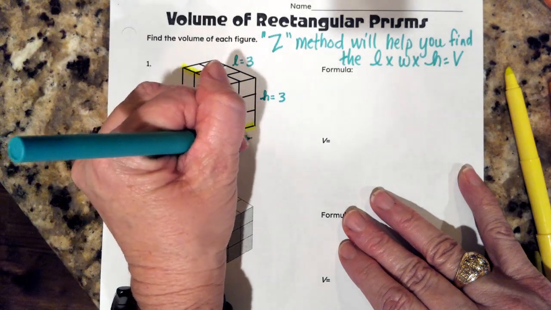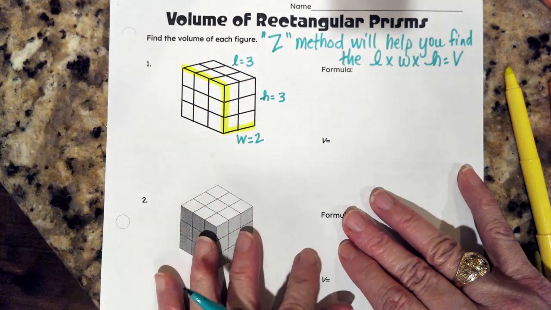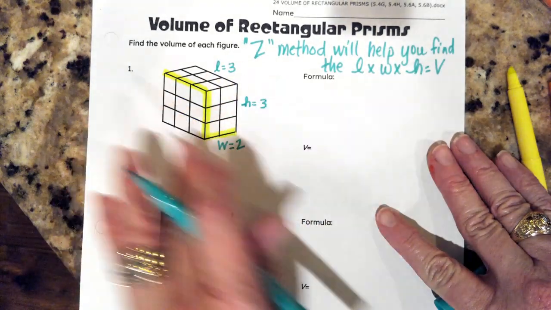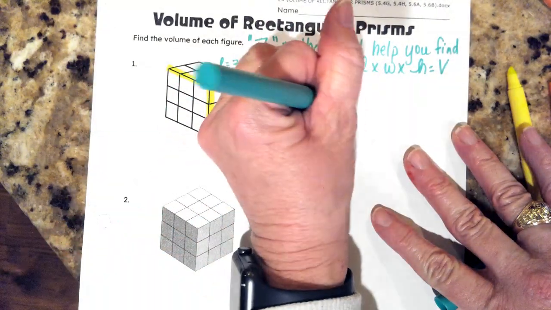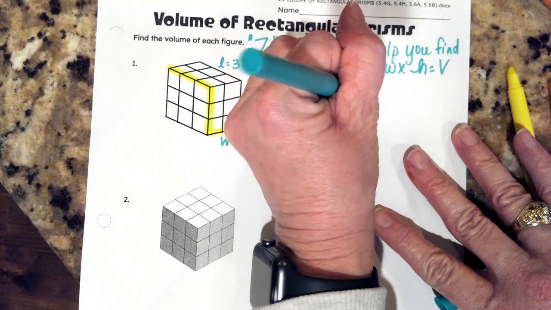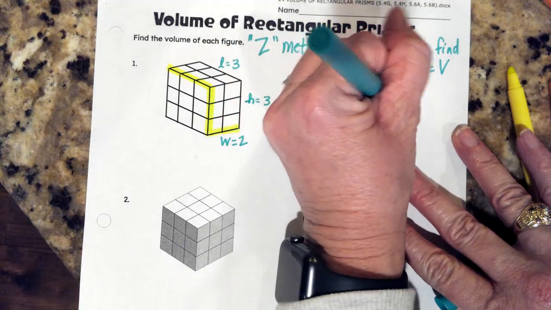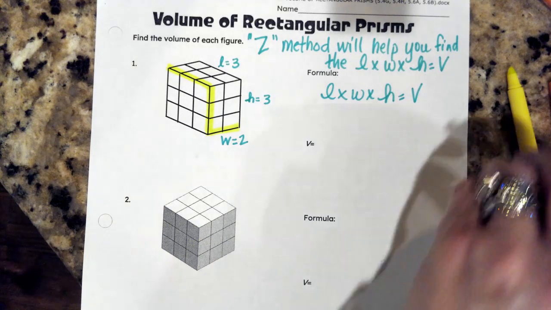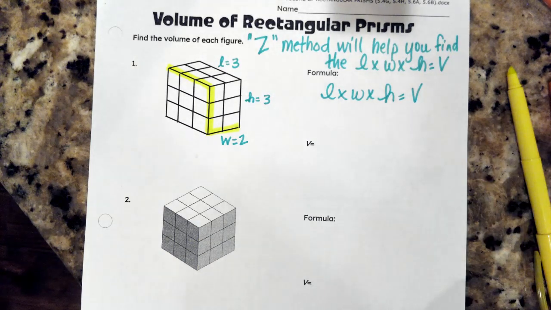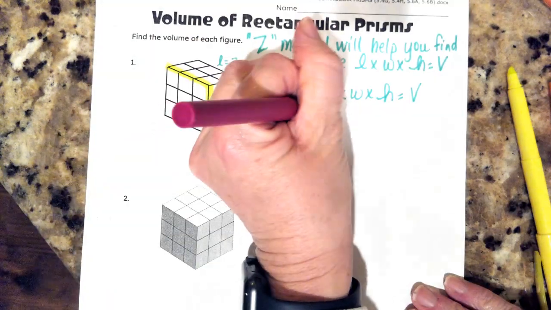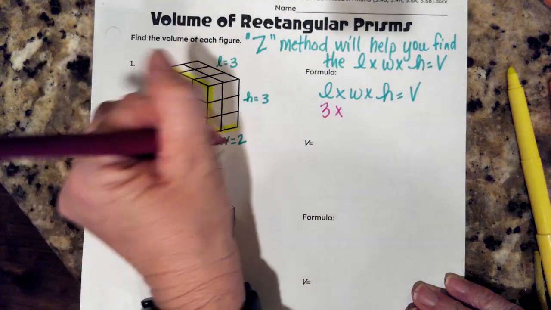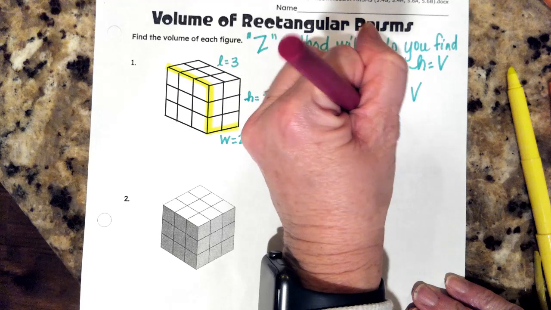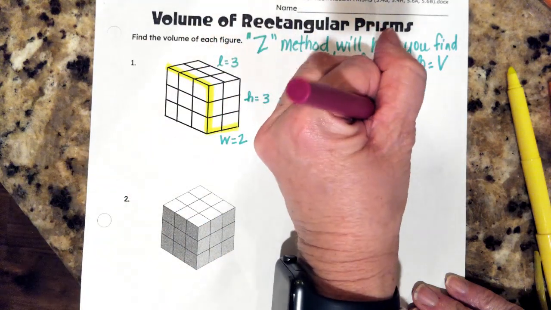And then my width, the distance, if I look at this as the front, this is my width, is going to be 2. So if I go back and look at my formula, length times width times height equals volume. If I plug in those numbers, I have 3 times 2 times the height of 3.